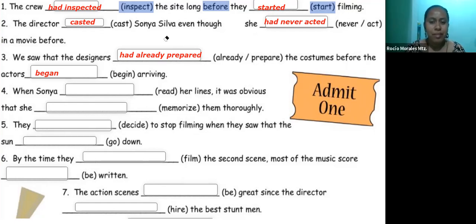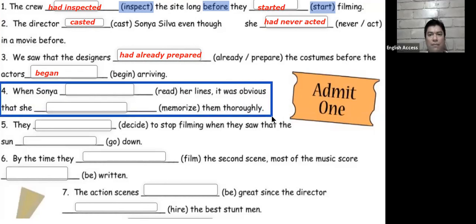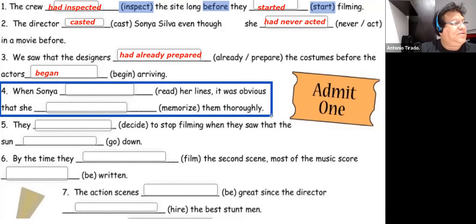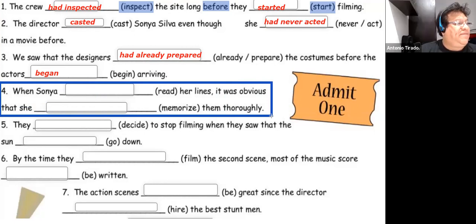Okay. And number 4 is using two lines. When Sonia read her lines, that's the older event, right?